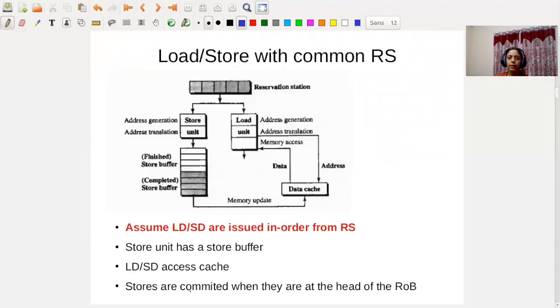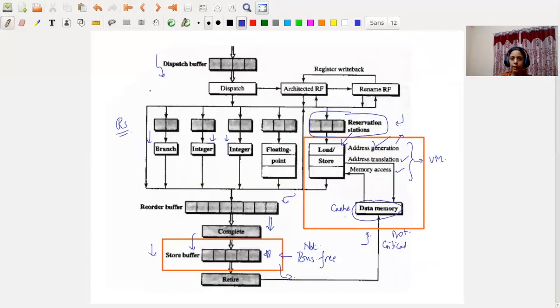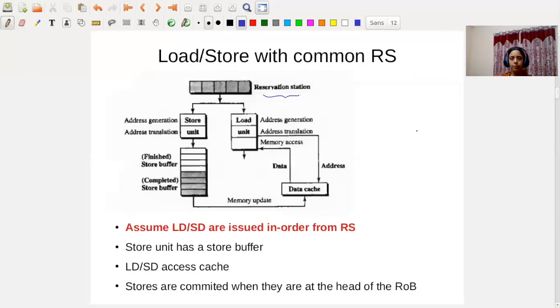Okay, so let us now assume that you have a common reservation station for the load and store, and we will look at how the hardware looks. If we go back to the previous slide, we've taken this part of the structure out and shown it explicitly here. So we have separated out the store and load units just to make it clear. Store has address generation and translation.